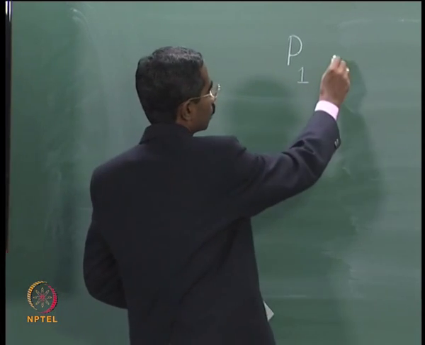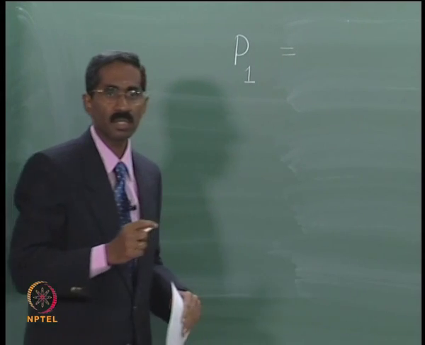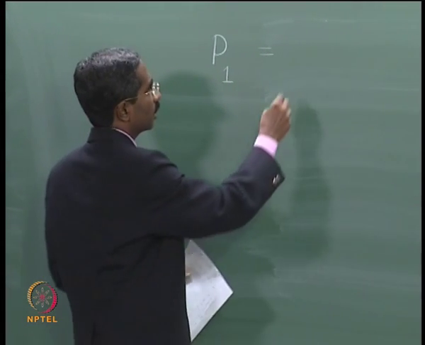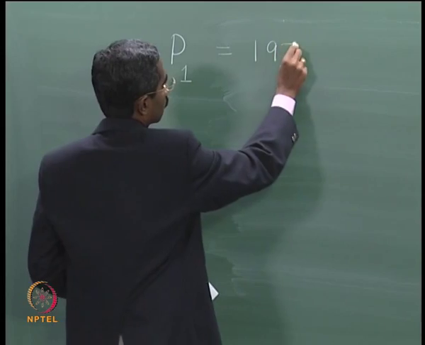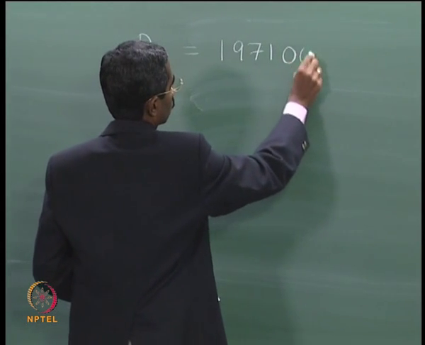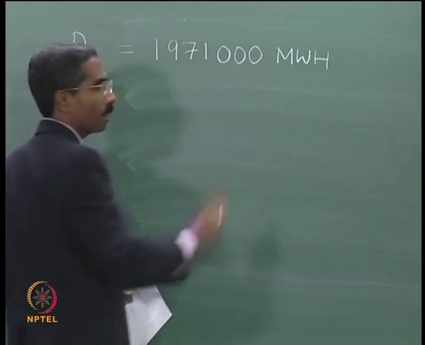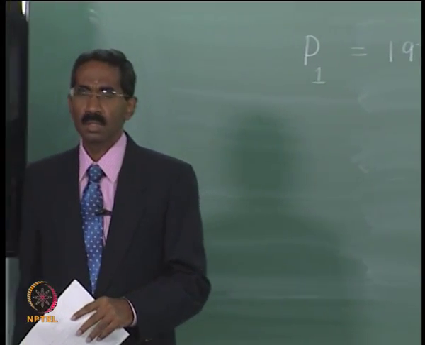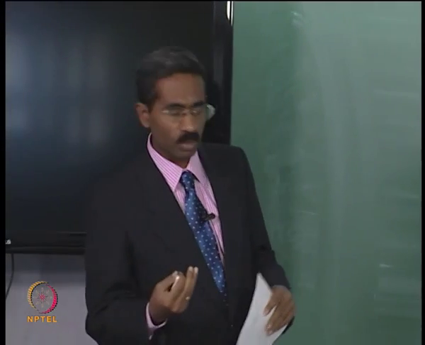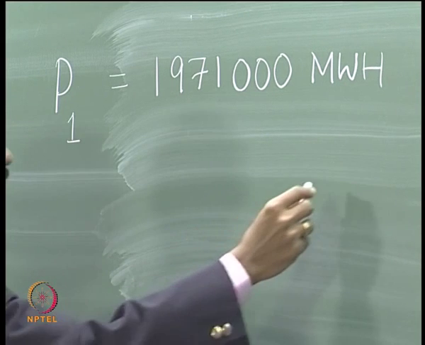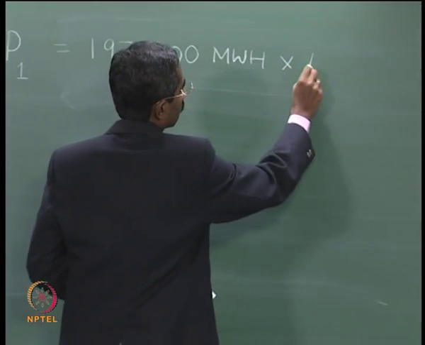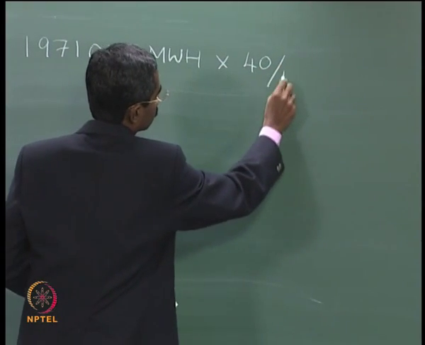So we have the total power that has been generated in year 1. The total power that is generated is 1,971,000 megawatt hours, and the price at which this power is going to be sold is 40 per megawatt hour.